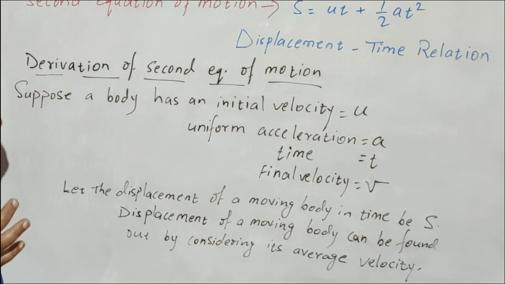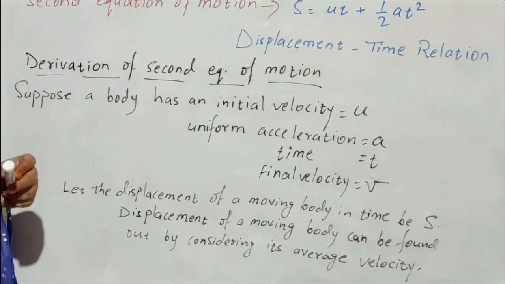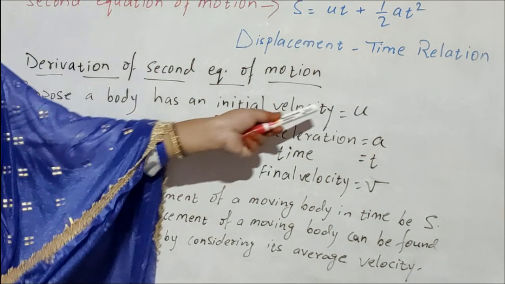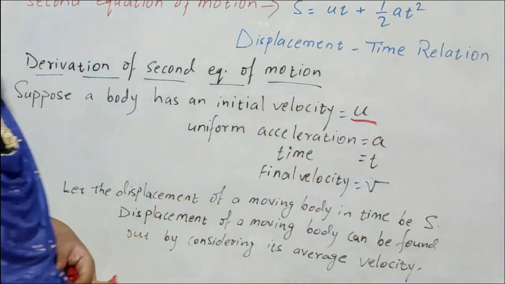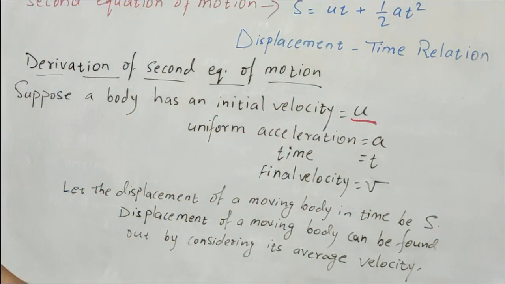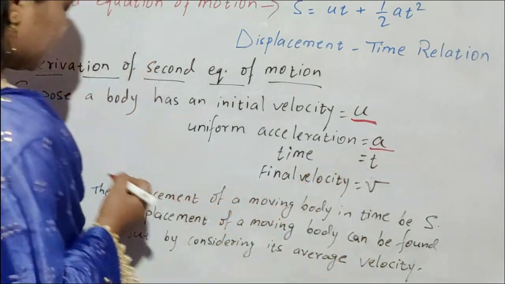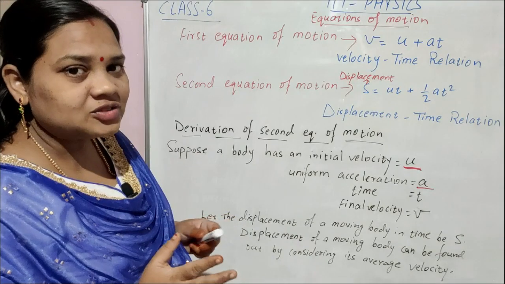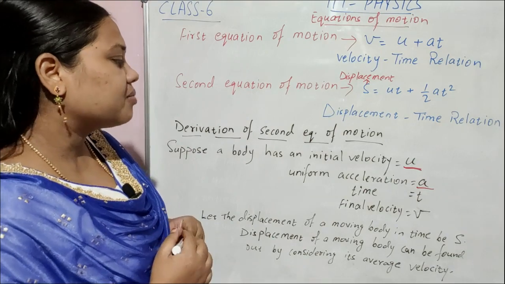So suppose a body, its initial velocity or starting velocity is U, and it is moving with uniform acceleration, that is A. We know that these equations of motion are only applied for bodies which are moving with either uniform acceleration or uniform retardation.